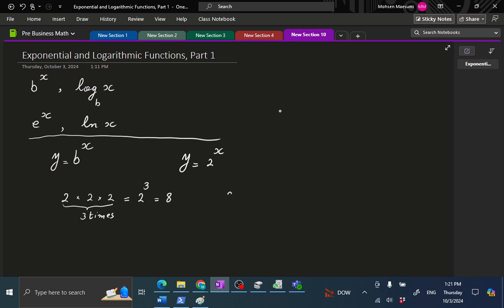Now what if you have 2 times 2 and you want to multiply many times? Well, you get tired writing it, so you use these 3 dots, ellipses, to indicate how many times you want to multiply. Let's say this is 10 times. I might not actually write them all out because that's going to take forever, but the shorthand for that would be 2 to the power of 10.